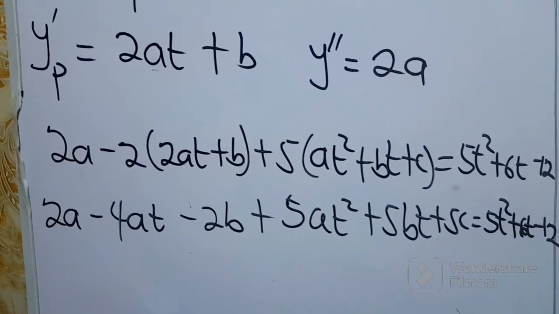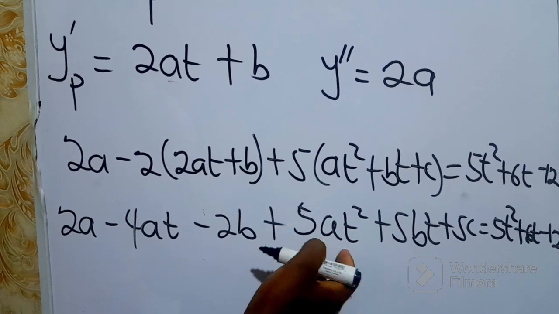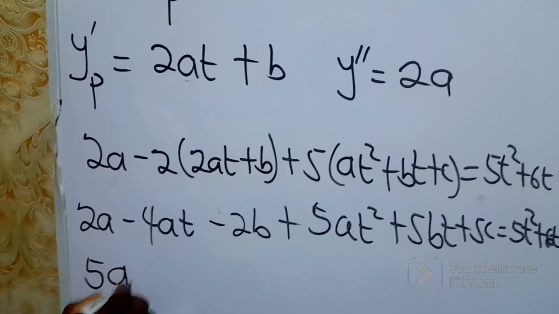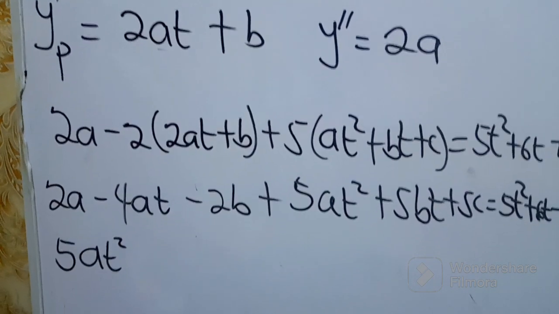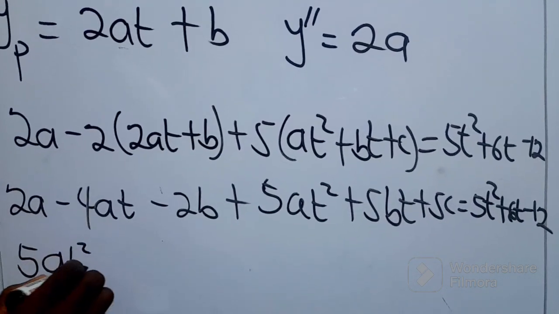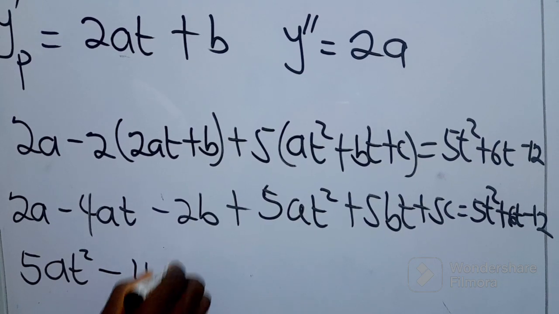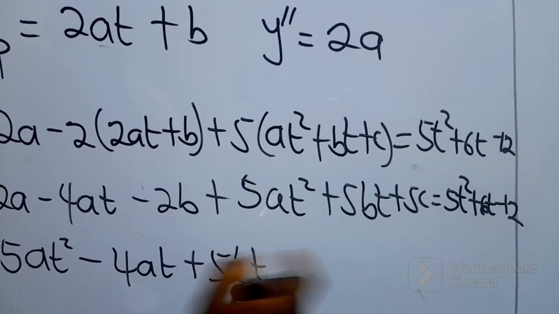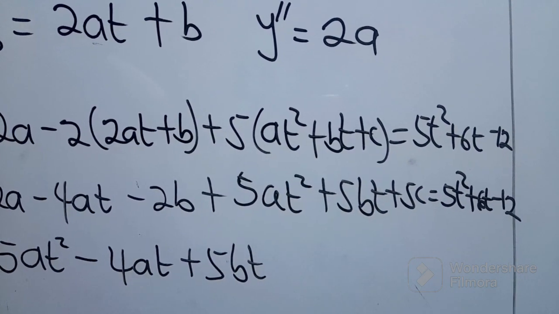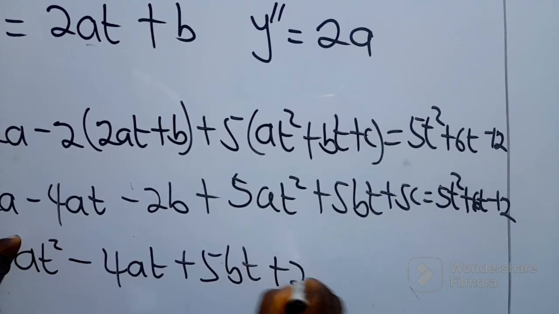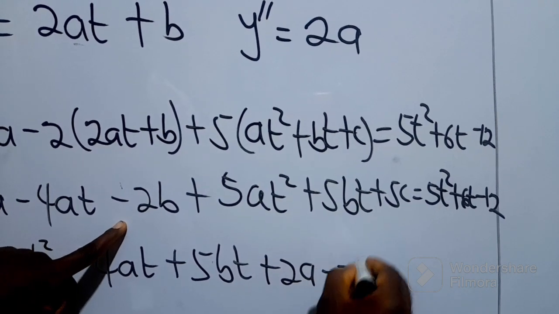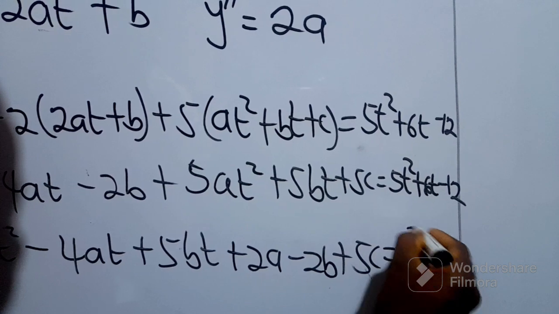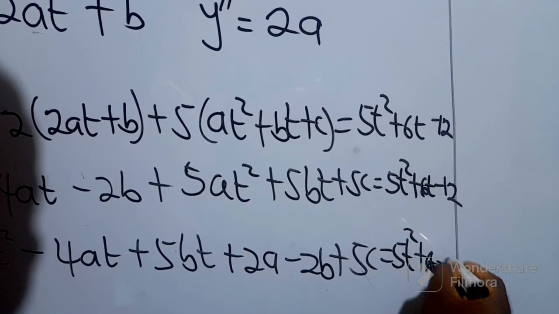We group like terms. So I'll bring the squared term first. So I'll have 5at squared being the only squared term. Then the t terms, which is minus 4at plus 5bt. Then constant terms, plus 2a minus 2b plus 5c. All that equals 5t squared plus 6t minus 12.